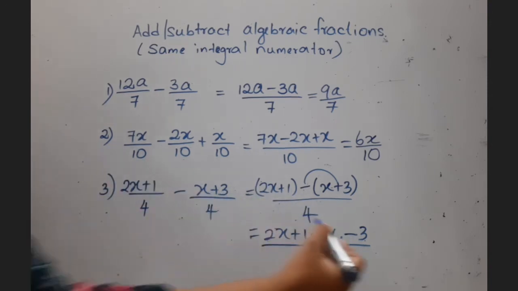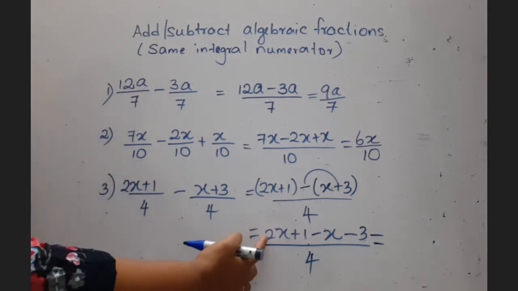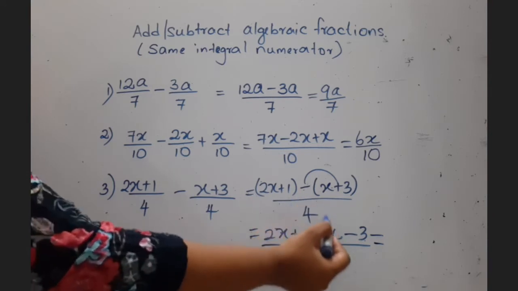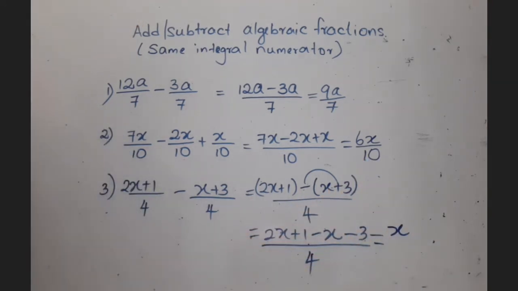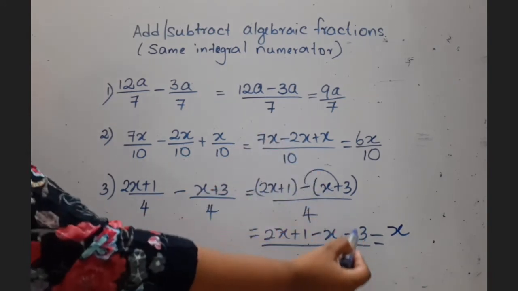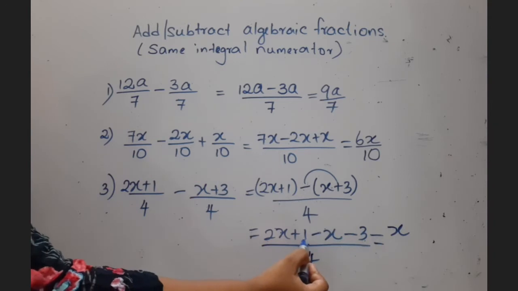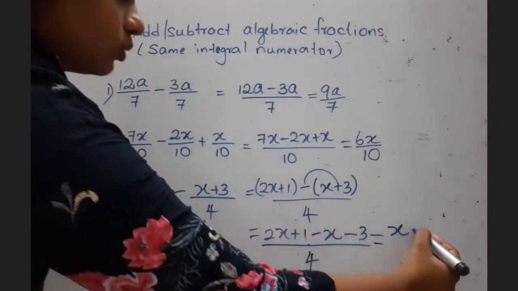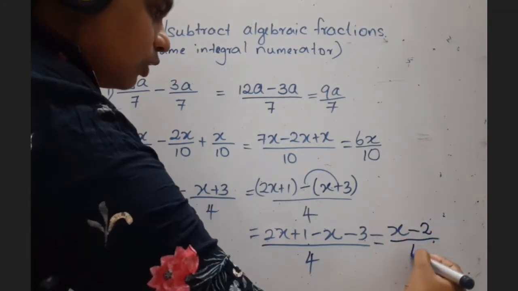Now let's simplify this fraction. The like terms are 2x and negative x. 2x minus x is x, 1x. Then positive 1 and negative 3. Numbers should be simplified. Plus 1 and negative 3 will become negative 2, below 4.